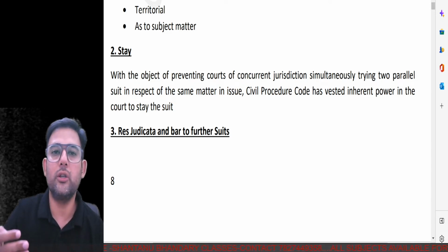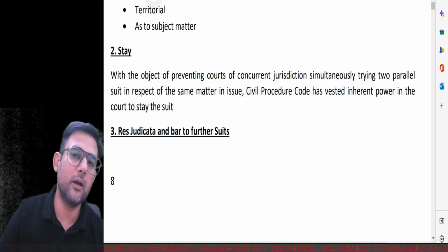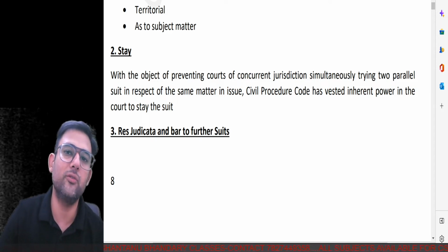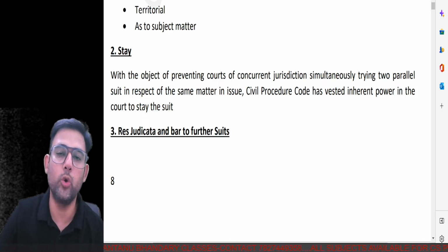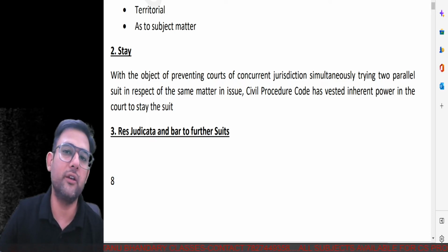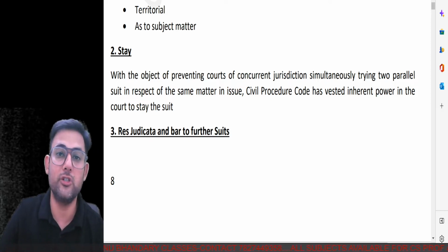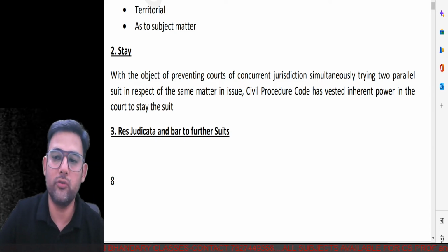We need to say to the court that all the other cases going on in any of the district courts should be stayed, or put on hold, and only one proceeding should start, because otherwise different courts will do different things, different documents will be asked, and we may land up with different judgments as well. So to make sure that does not happen, the stay is one of the options.